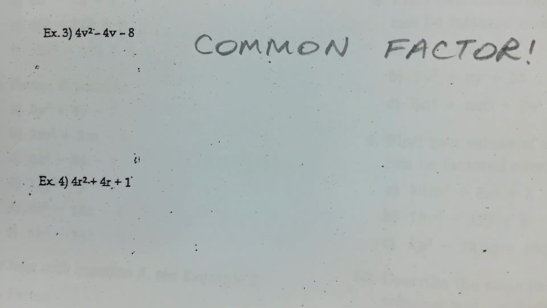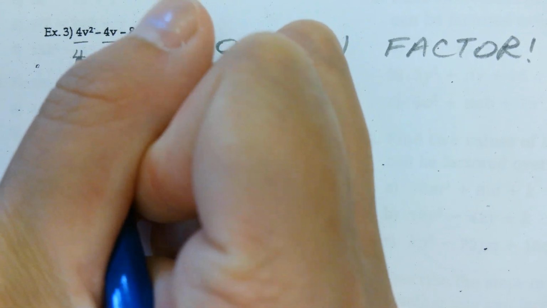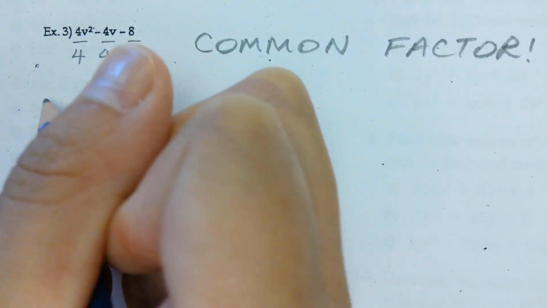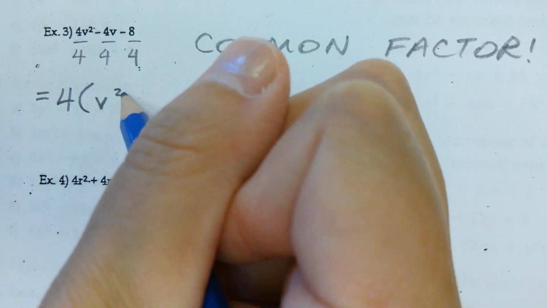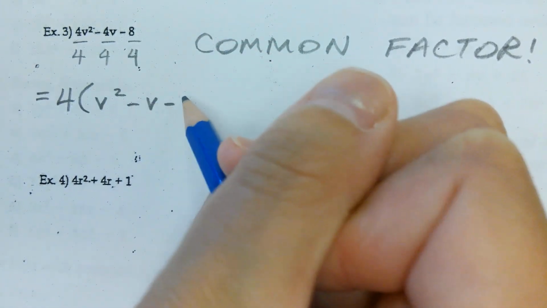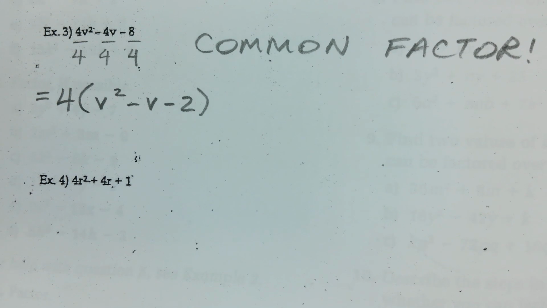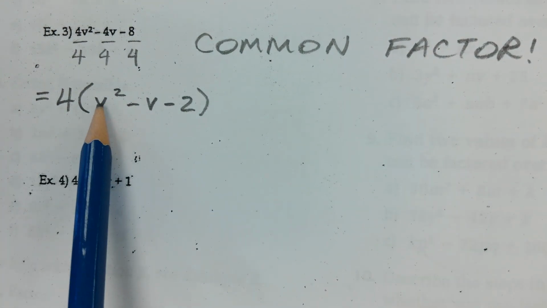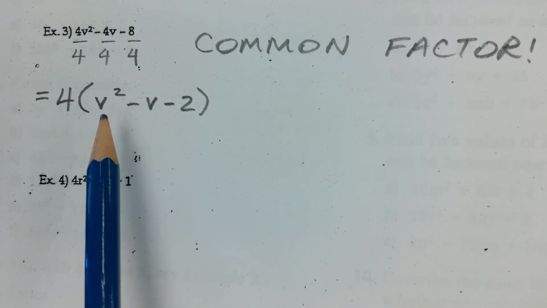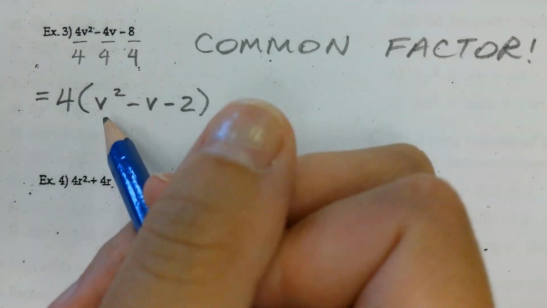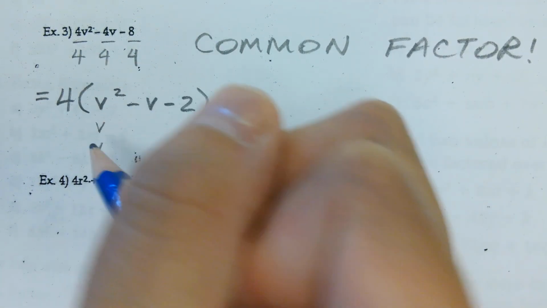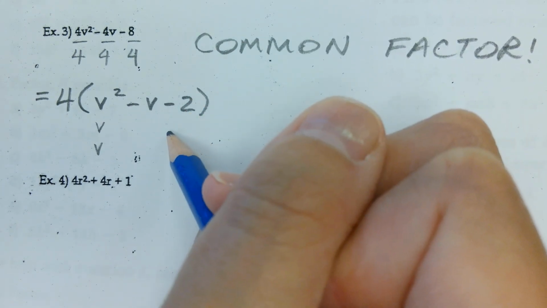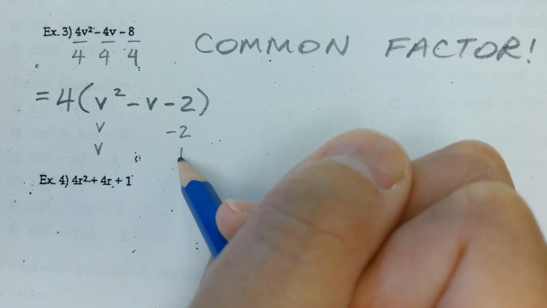Okay, so common factor. I can factor out a 4 in each of these terms. So I get 4 bracket v squared minus v minus 2. Since this is v squared, I could do the triangle and square method, or I can be consistent and just do this method, v and v, and then this would be negative 2 and 1.